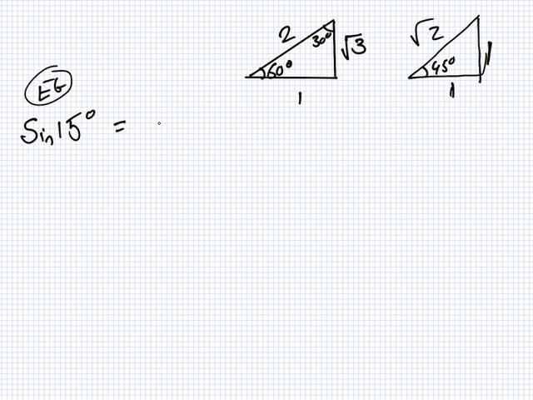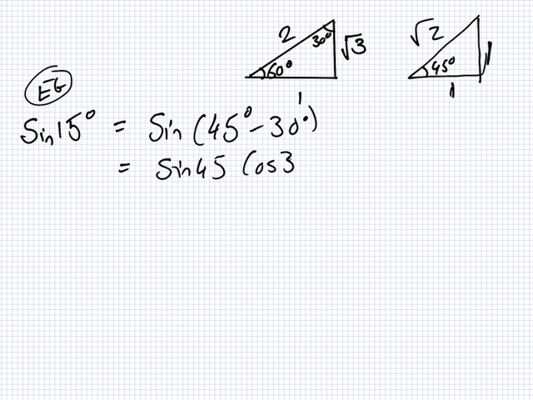Sine 15. Sine 60 minus 45, or sine 45 minus 30. Both will work. Let's go with sine 45 minus 30. So according to our rule, that's sine A cos B minus sine B cos A. Now, from our triangle, sine 45 is 1 over root 2.